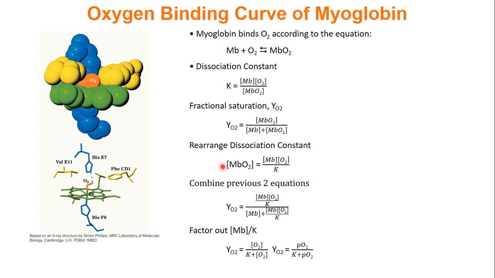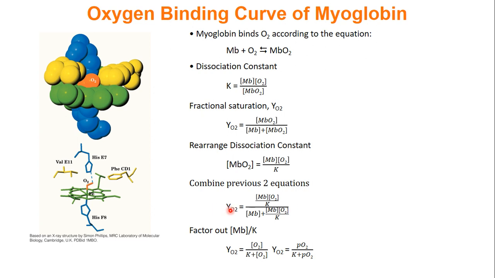Now we can take our dissociation constant and our fractional saturation equations, and we can combine them. And what we see is that the amount of bound myoglobin is equal to free myoglobin multiplied by oxygen divided by K. Actually, what we're doing here, we're just rearranging the dissociation constant. In the next step, we combine our two equations. Got a little ahead of myself there.